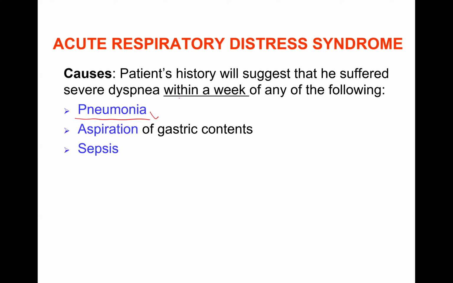So around 40 to 42% of cases are due to pneumonia or sepsis, a systemic inflammatory reaction to infections, right? Sepsis from any other organs, or due to traumas, multiple fractures, brain injuries, colon surgeries, accidents, which cause acute inflammation, a systemic inflammatory response.